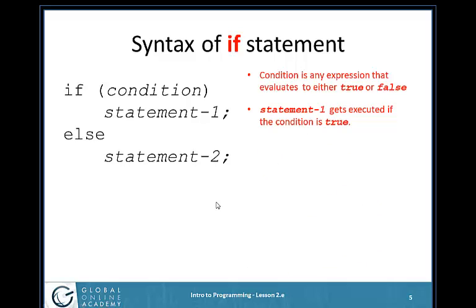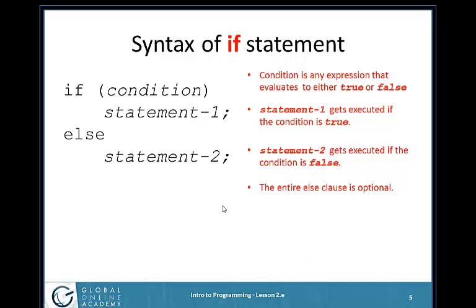Statement 1 gets executed if that condition evaluated to true. So if the condition is true, we'll do statement 1. Statement 1 is either one statement ending with a semicolon, or it is a block of statements like in our previous example, a block of statements enclosed in braces.